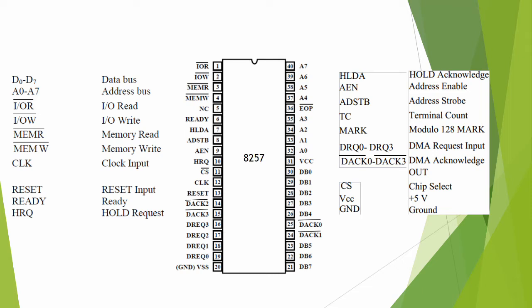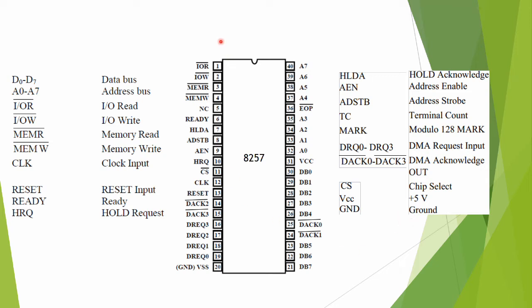Before that, we'll understand the pin diagram of 8257. The 8257 pin diagram has the following pins: D0 to D7 data bus, A0 to A7 address bus, input output read, input output write, memory read, memory write, clock input, reset input, ready, hold request, hold acknowledge, address enable, address strobe, terminal count, mark, DMA request inputs for 4 channels, DRQ0 to DRQ3, DMA acknowledge outputs, DACK0 to DACK3 for the 4 channels, and chip select, VCC, and ground.